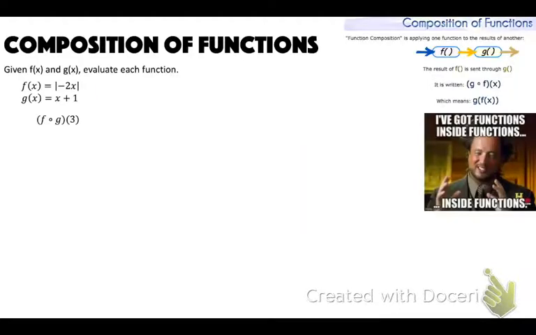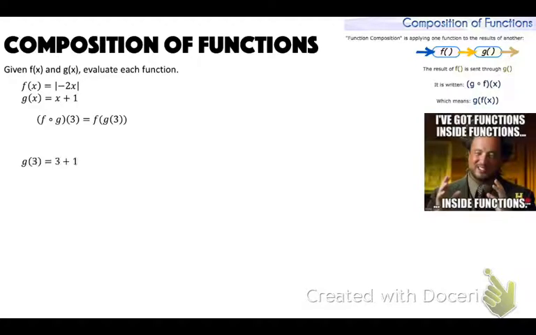We have f of g of 3. So I always rewrite this. So this right here is going to be going into that. So we can rewrite this as f of g of 3. Always rewrite it, okay? So f of g of 3, which means I need to find out what g of 3 is first.